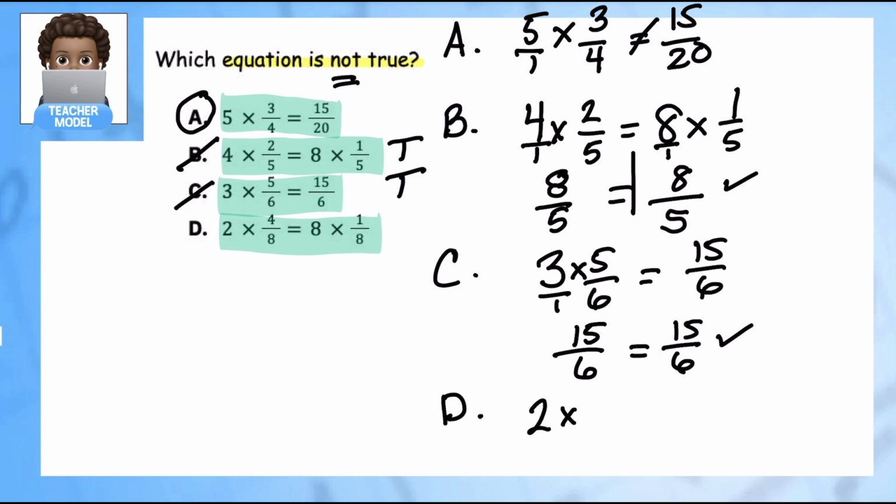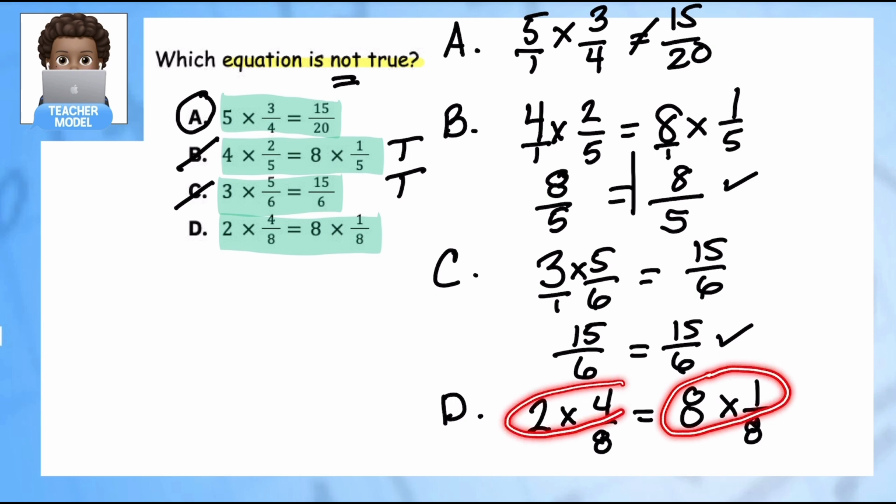We have 2 times 4 over 8 is equal to 8 times 1 over 8. So things to notice. One, we have the same denominators here. And I'm also looking at the products of the whole number and the numerator. So I know 2 times 4 is going to be 8, and 8 times 1 is 8.